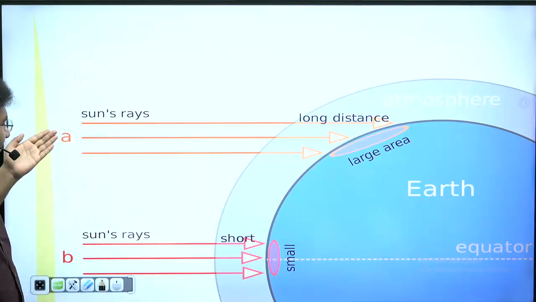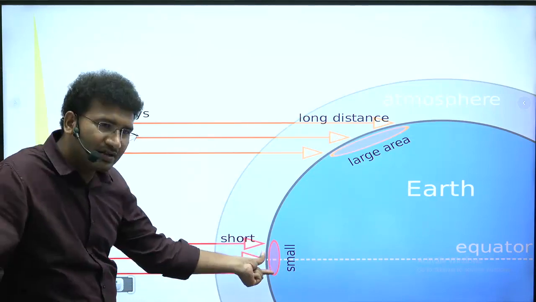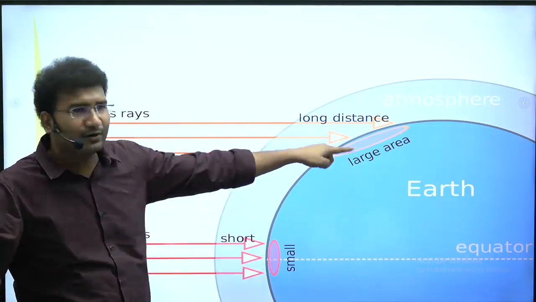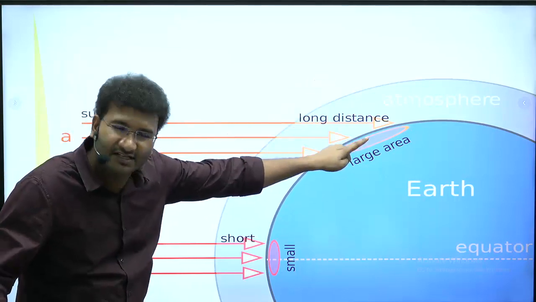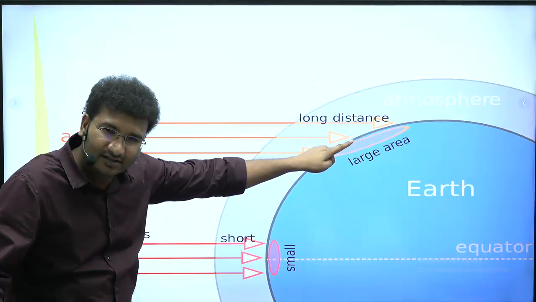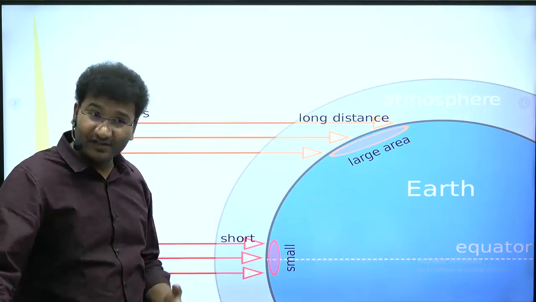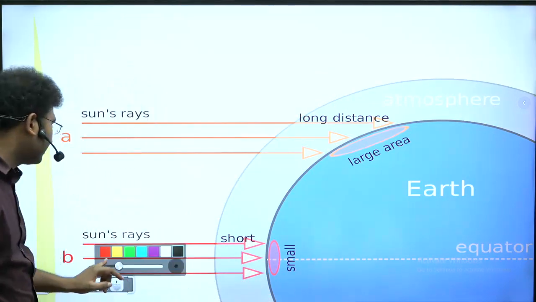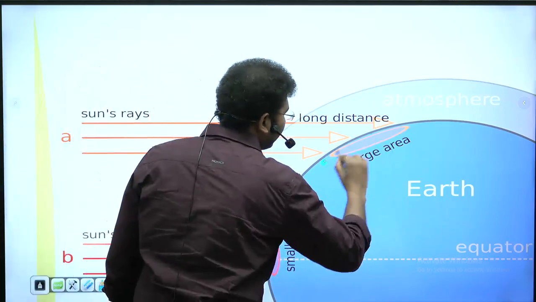Imagine this is the A or B, any case. These rays are falling in a small surface area and the same rays are falling in a larger surface area. So, इसलिए this area will receive less amount of heat and this area will be receiving more amount of heat. और ऊपर से if suppose I am covering this area with a layer of snow.